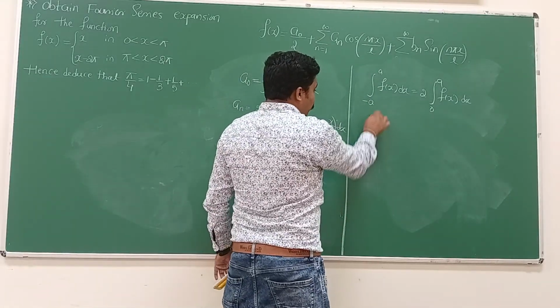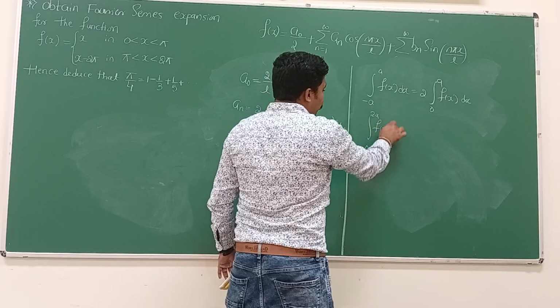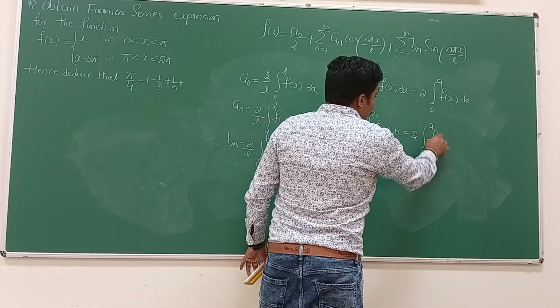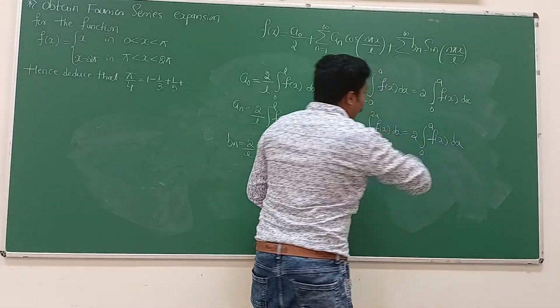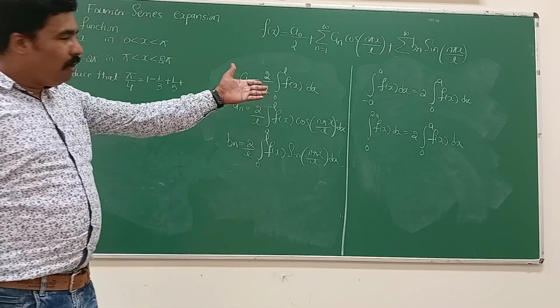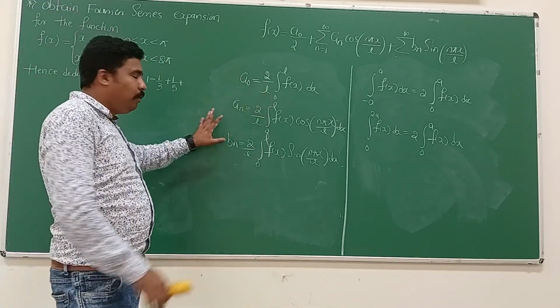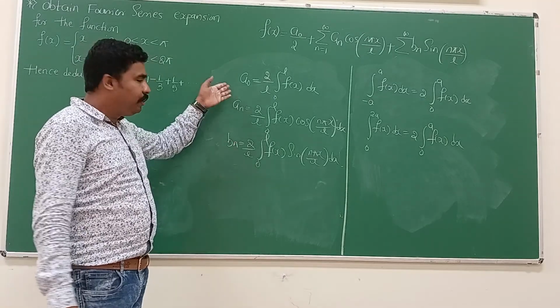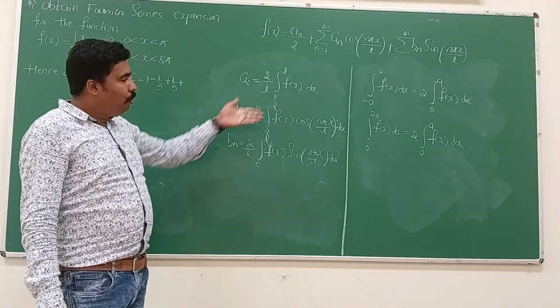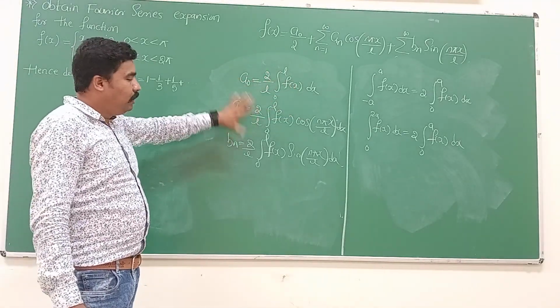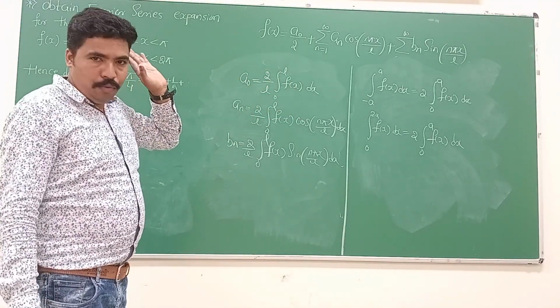Another one is integral 0 to 2a of f of x dx, which becomes 2 times integral 0 to a of f of x dx again when the given function is even. So using those formulae we have derived them. I have not explained the derivation here because that is not necessary. You should remember this one. These are the fundamental formulae to derive all these things. I hope you got it.